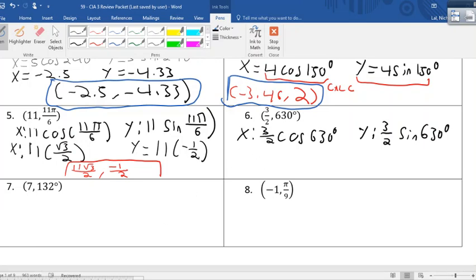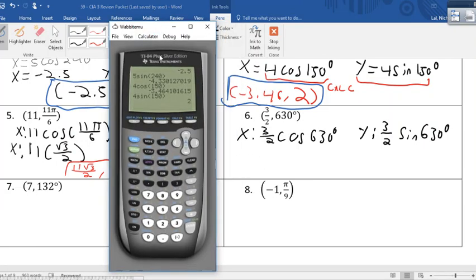And then we take our calculator. Our x value is going to be 1.5 times the cosine of 630 degrees, so make sure we're in degree mode.